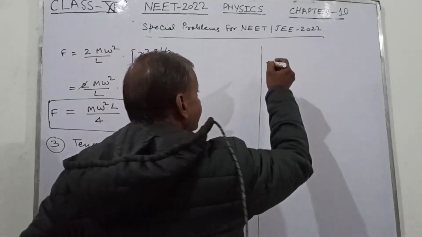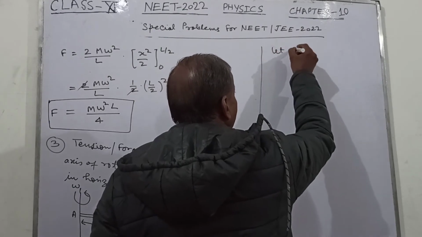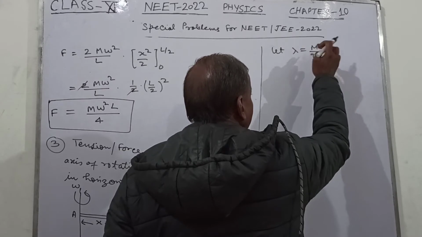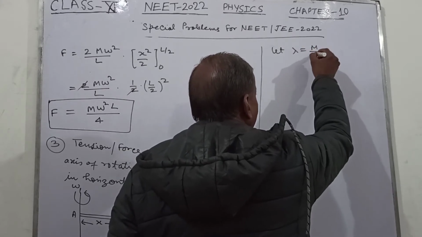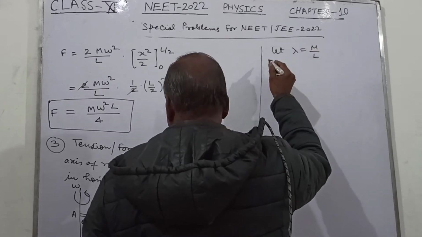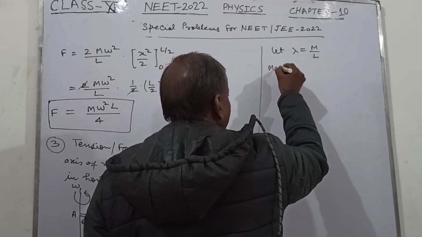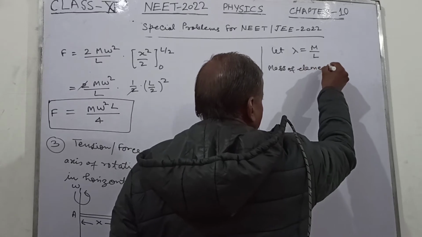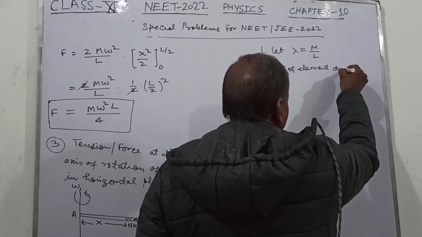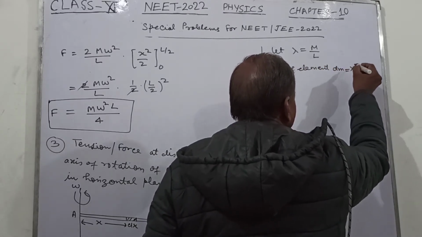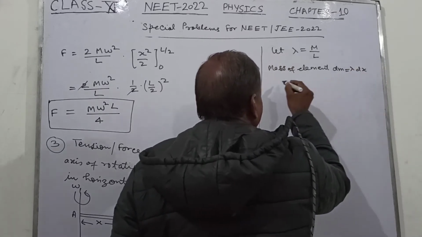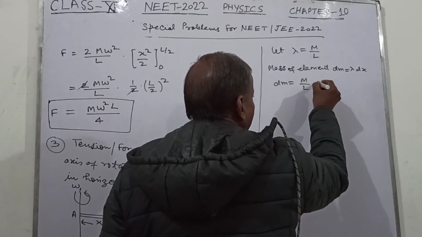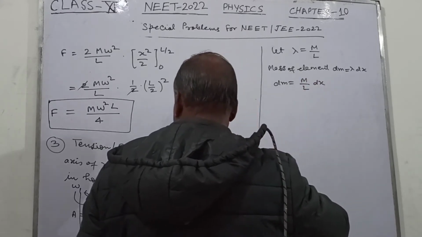Now let lambda equal M upon L. So the mass of the element dm is equal to lambda dx, which is M upon L into dx.